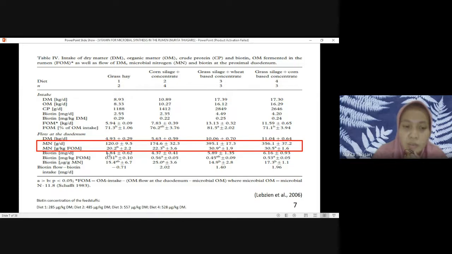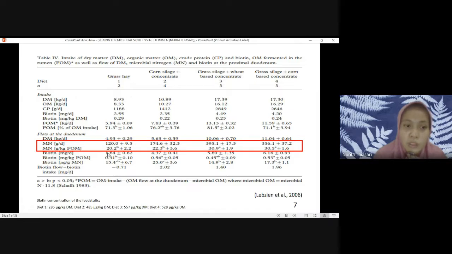I think, in my opinion, we have to supply the balance of the energy, the protein, and then the vitamin B, so it will have a good result for the microbial protein synthesis.